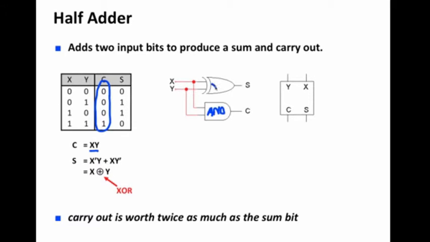Recall that the XOR operation is an odd detector. So when we have an odd number of 1s in our input, our output is going to be 1. So the sum is just the XOR of X and Y, which can also be written as X'Y or XY'. And these two gates together implement our half adder.